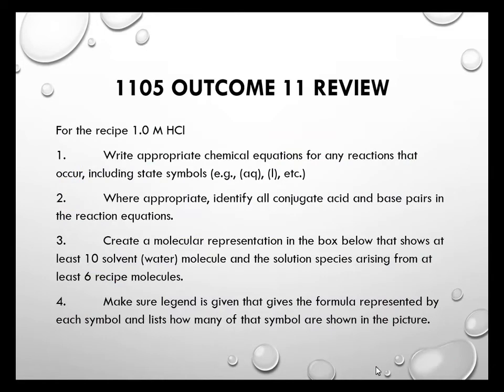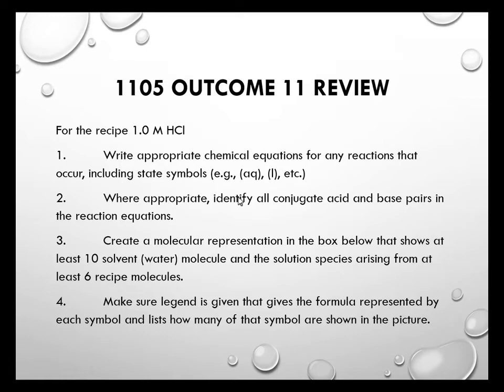The next outcome we'll go over is outcome 11. In this case, you could be given a strong acid as a recipe, a strong base as a recipe, a neutral salt as a recipe, or a molecule, and you would then be asked to write appropriate chemical equations for any reactions that occur, complete with state symbols.